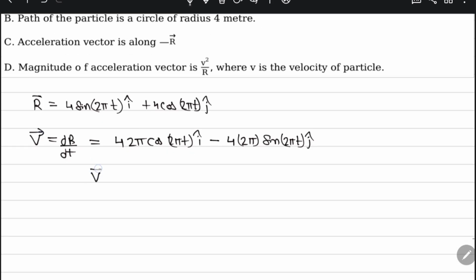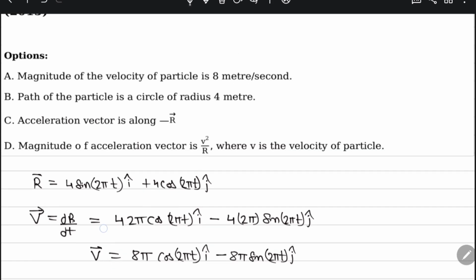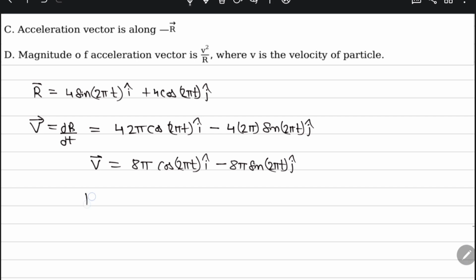So here the velocity vector comes out to be 8 pi cos 2 pi t i cap minus 8 pi sine 2 pi t j cap, right?